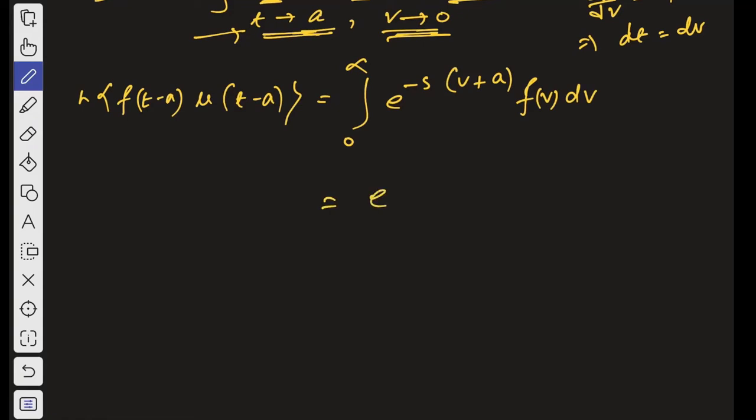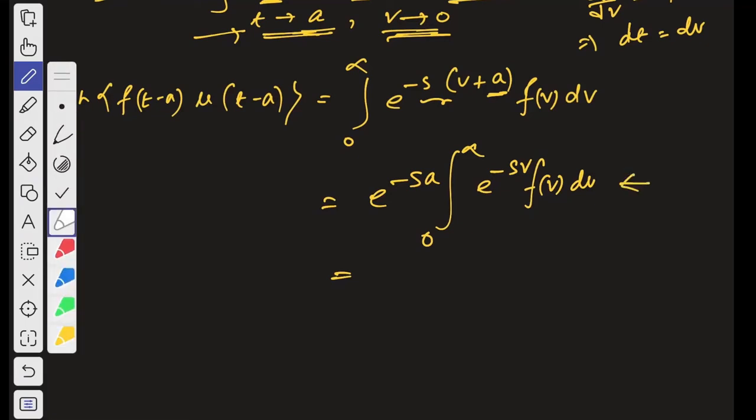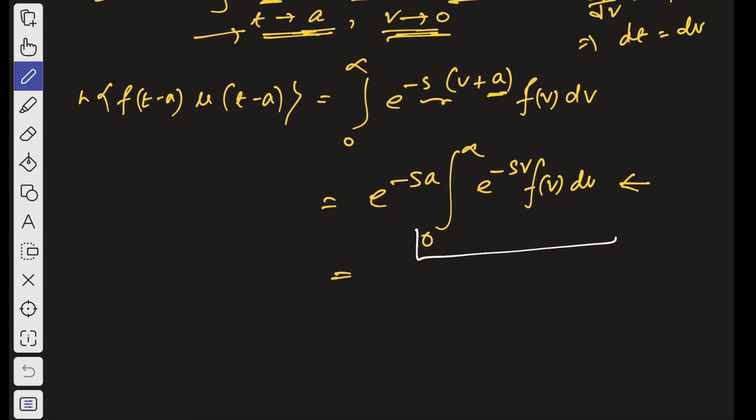Then let me scroll it. Here you see e to the power minus s into a, that part is constant, so it can be taken out of the integral. So 0 to infinity, then e to the power minus s into v, then f of v dv, right? You can write that way. Here you see, this is nothing but the definition of Laplace transformation.